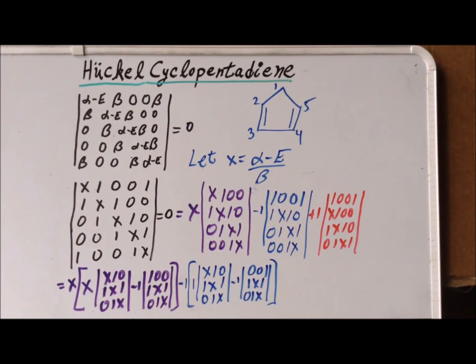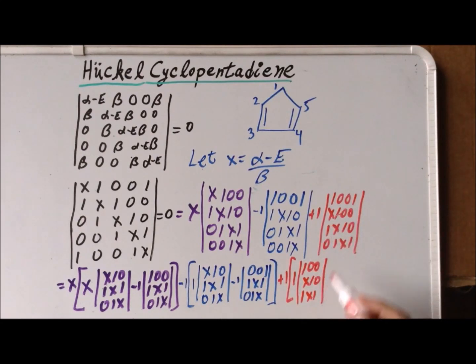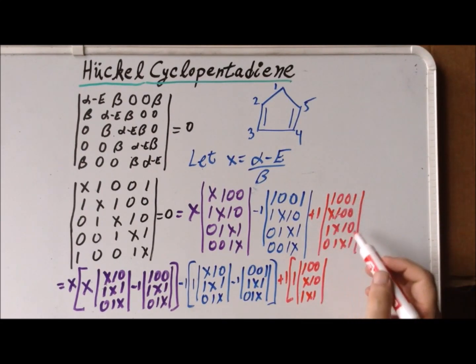Last but not least, we need to evaluate the 4 by 4 determinant here. Our first coefficient again is going to be a 1. And our second coefficient can go across the top since we have fewer non-zero entries.